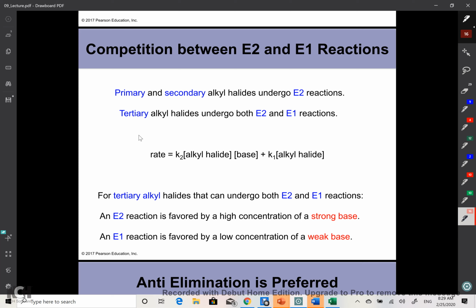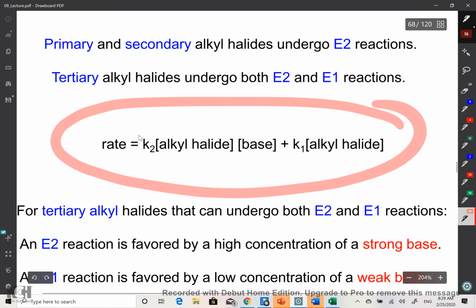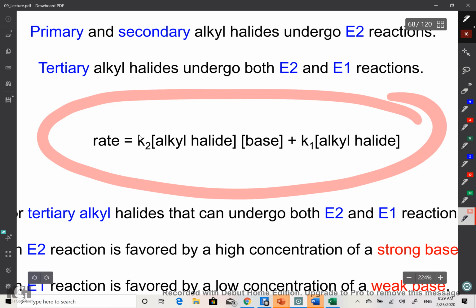Okay? Now, if you have a reaction that can proceed both by E1 and E2, then chances are that the rate of your reaction will be a combination of the rate of an E1 and that of an E2. Very similar to the exercise we did in the lab. The rate will be a combination of that.